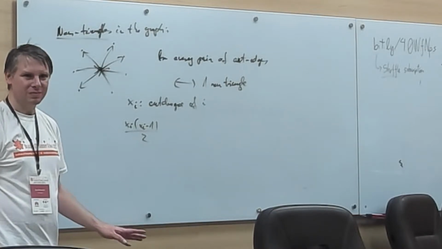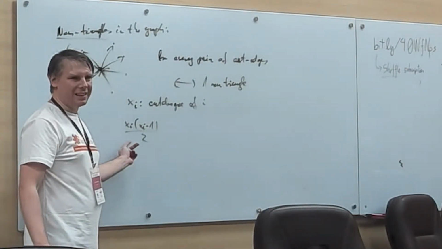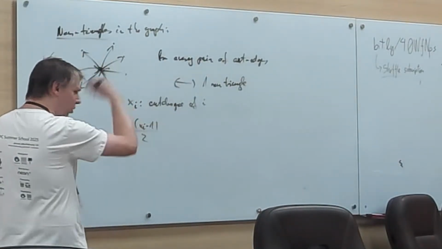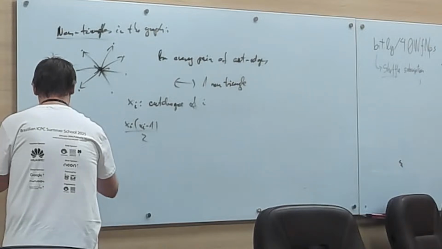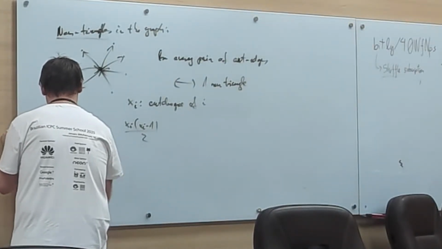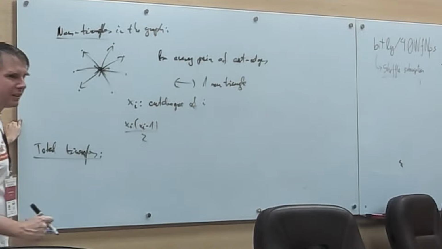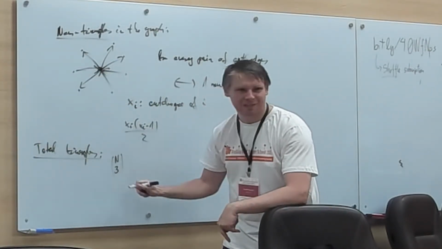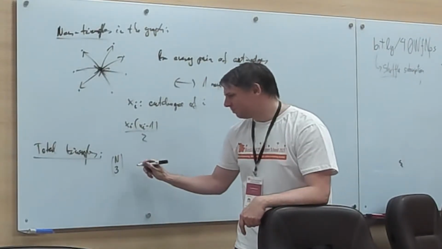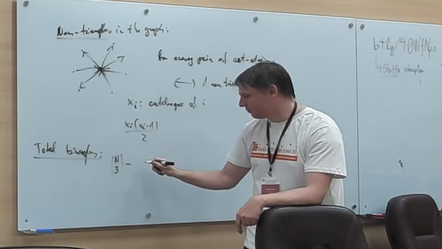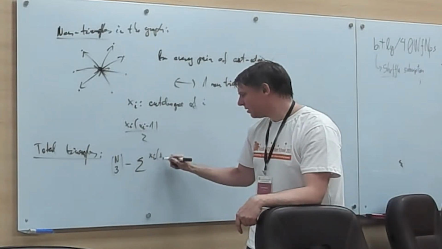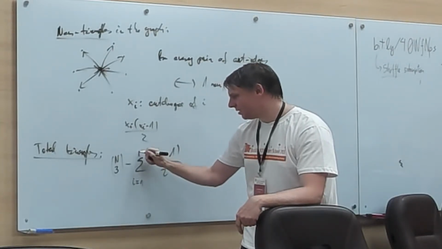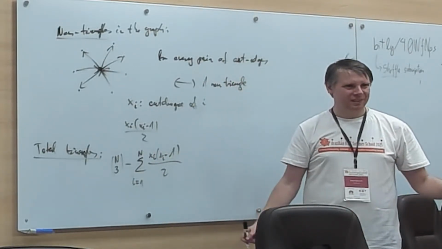Now these are the non-triangles, so the total number of triangles in the whole graph is the number of triplets, n choose 3, minus the sum of these values for each i.